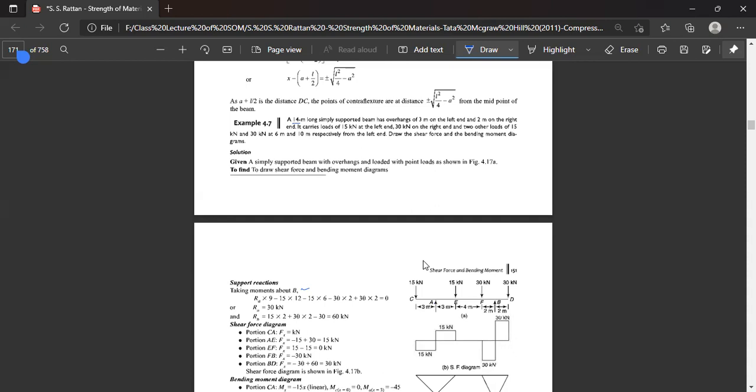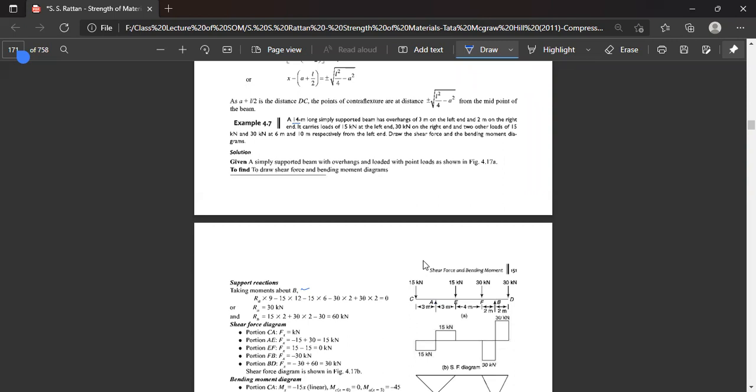Another 30 kilonewton acts at a distance of 2 meter, so minus 30 into 2, which is also negative, and another 30 kilonewton acts at a distance of 2, but it is positive in nature because it is acting in a clockwise manner, while the 15, 15, and 30 are anti-clockwise, so they are negative in nature.